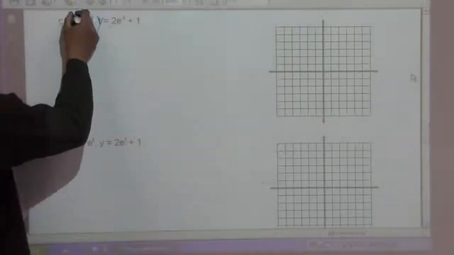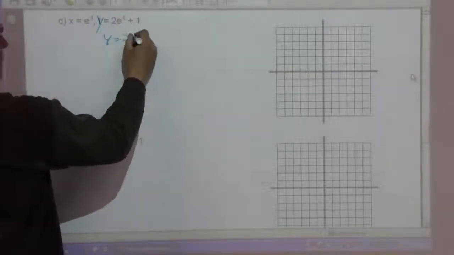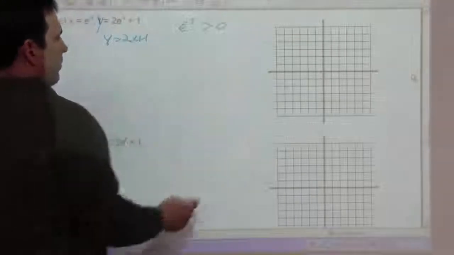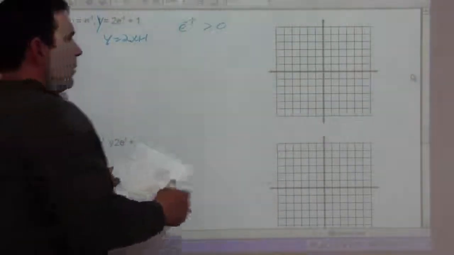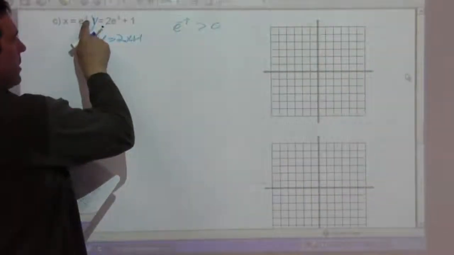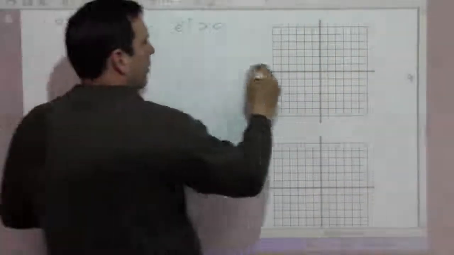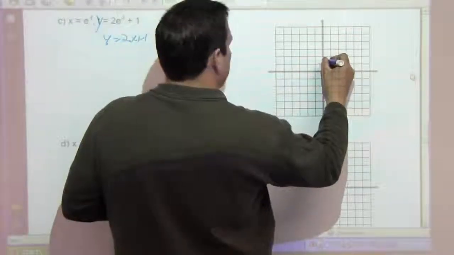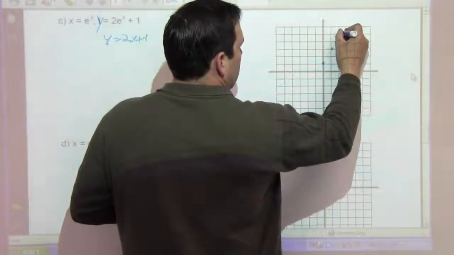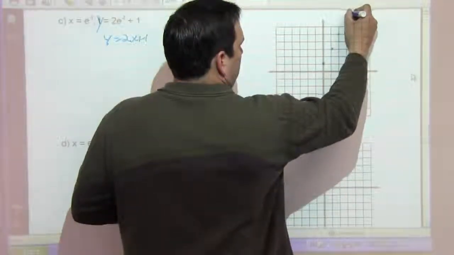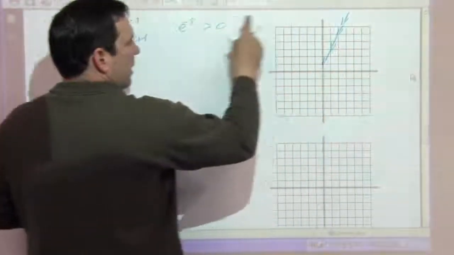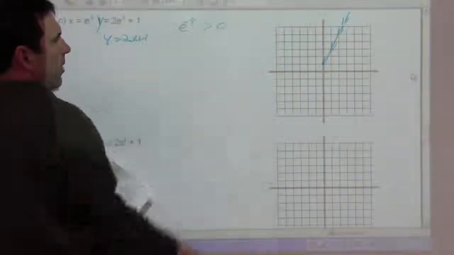In this case, again, if you substitute, you have y equals 2x plus 1, but e to the negative t is always going to be greater than 0, so it's only going to be the positive values. The bigger t is, the smaller e to the negative t is. So this is going to have the intercept here at 1 again. It'll never be negative, but it's going to be coming this direction, because as t gets bigger, e to the negative t becomes smaller.